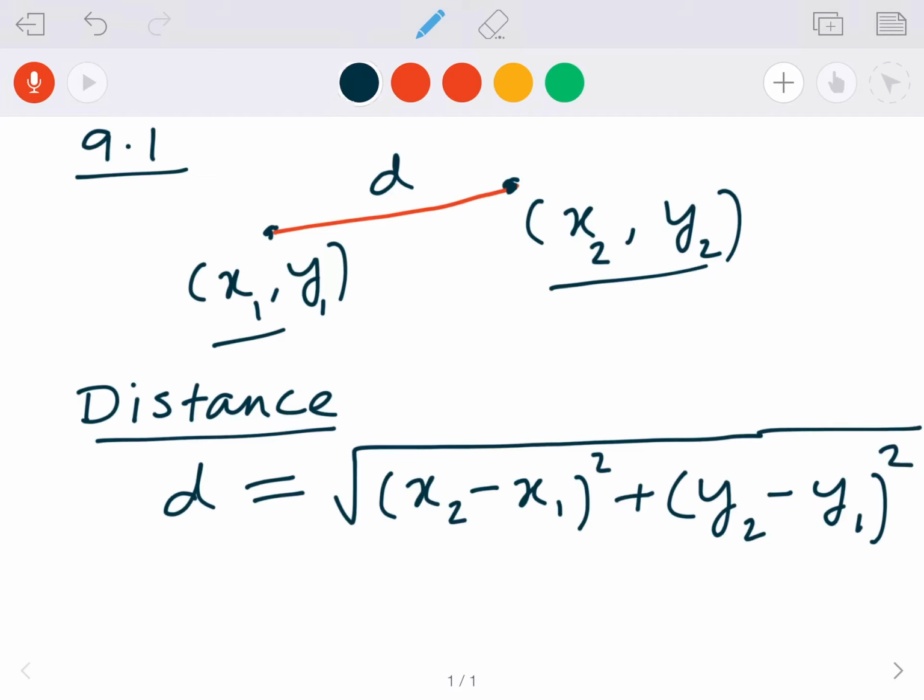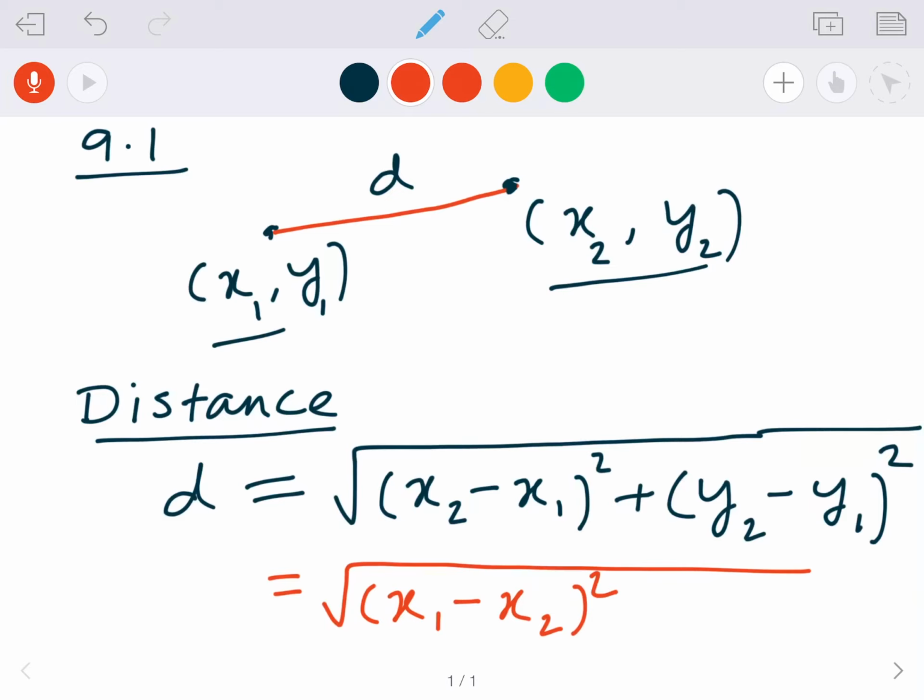Or you can also say it's the same thing. Instead of x2 minus x1, you can say x1 minus x2 squared, because of this square it won't make a difference at the end. And y1 minus y2 squared.